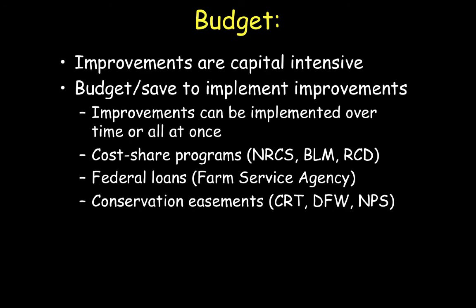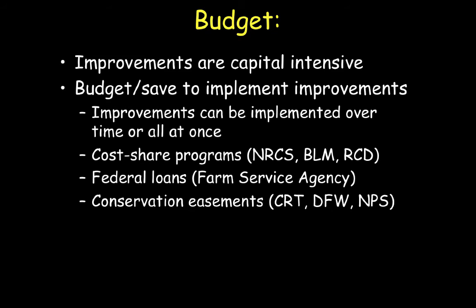All right, so the next step in this improvement process is your budget. So your budget for improvements tends to be very capital intensive, which means you need a lot of money at one point in time to make this happen. So the way to approach improvements is to budget and to save for improvements. So improvements can be implemented over time or all at once.